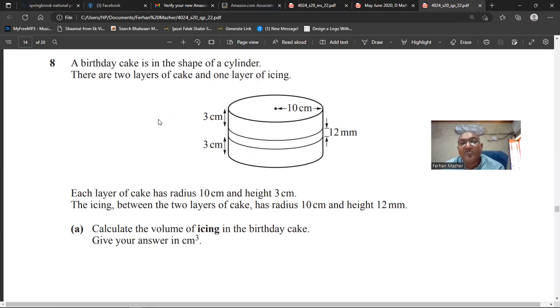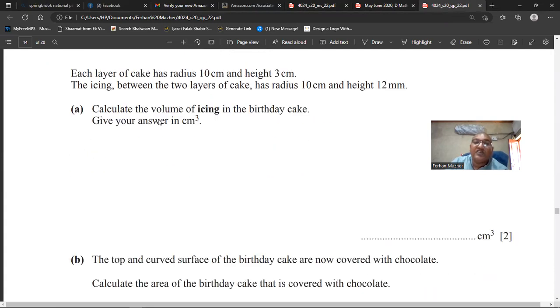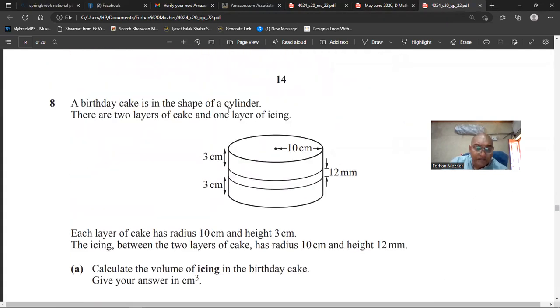The icing between the 2 layers of cake has a radius of 10 centimeter and a height of 12 millimeter. Calculate the volume of the icing in the birthday cake, giving your answer in centimeter cube.